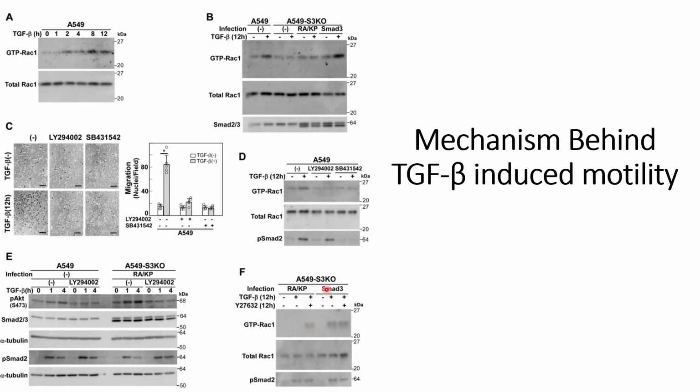This concludes that in the case of the mutated SMAD3 pathways, there is a de-repression of GTP-RAC1 when these ROCK inhibitors are used, and some of these GTP-RAC1s are inactivated in the case of the SMAD3 knockout cell lines. That prevents lamellipodia formation, which finally leads to low cell motility.